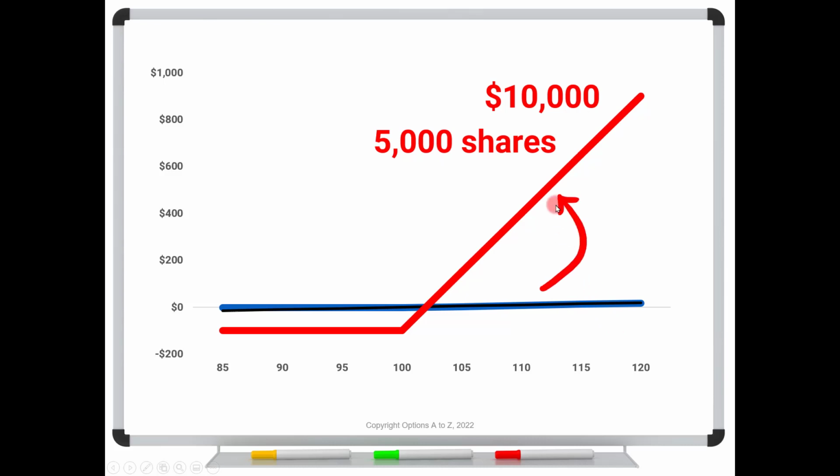Take a look at how much this is shifted up. Now also look at the maximum loss. Doesn't look like a big difference here because our scale is so compressed, but this red line lines up right here at minus 100. The blue line, remember, was lined up at minus 200. So there's much bigger losses to be made here, but the bigger risk is this slope.